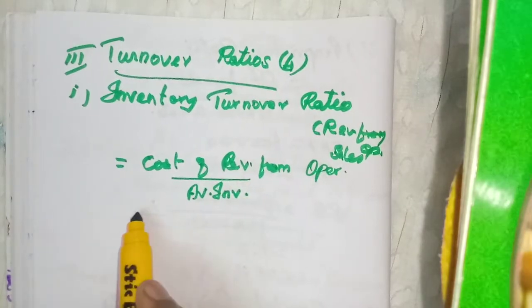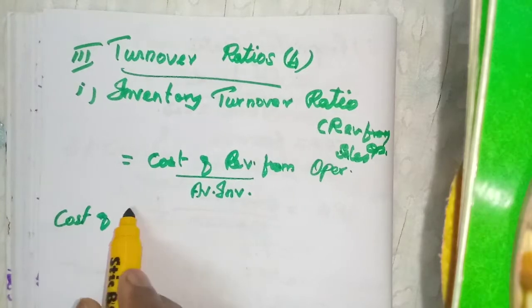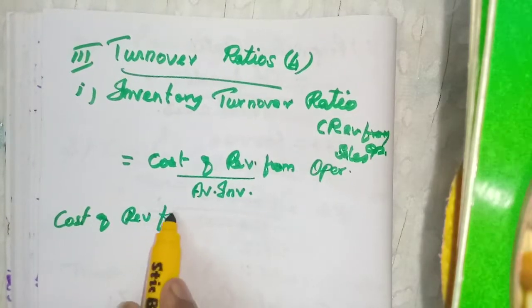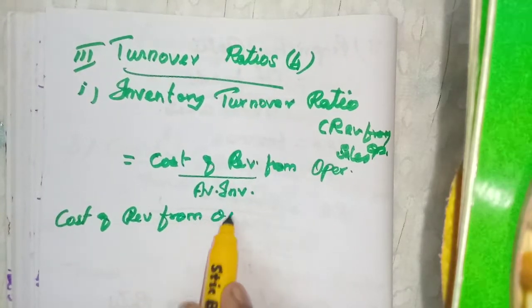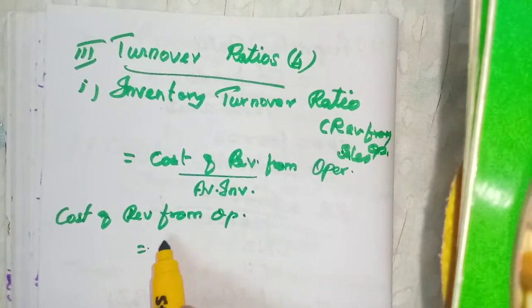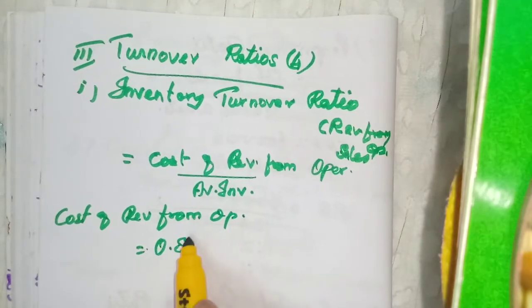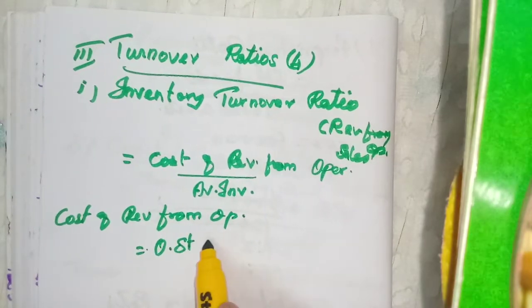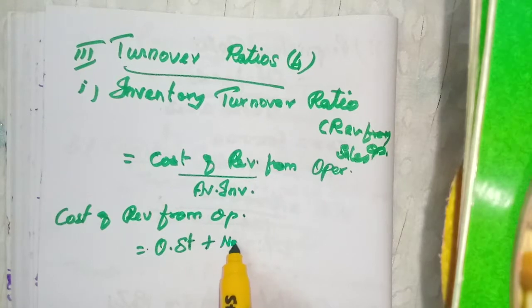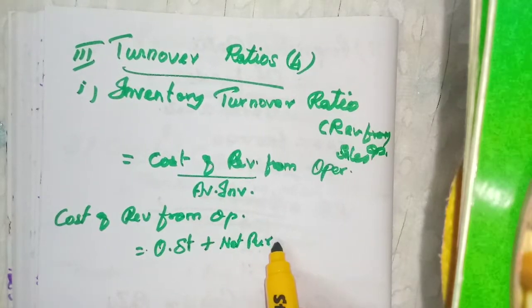We have already learned that one. Cost of revenue from operation is equal to opening stock, that means opening inventory, add purchases, that means net purchases, so we should deduct the purchase returns.